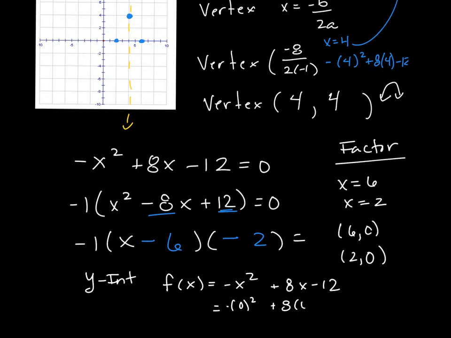When it's in this form, it will always equal whatever the constant is, and that's because wherever you have an x, it becomes 0. This only is true when it is in standard form. So now I'll come over here and graph that. That's a little bit off the graph that I have here, but that's going to be -12, so it'll put it down here.